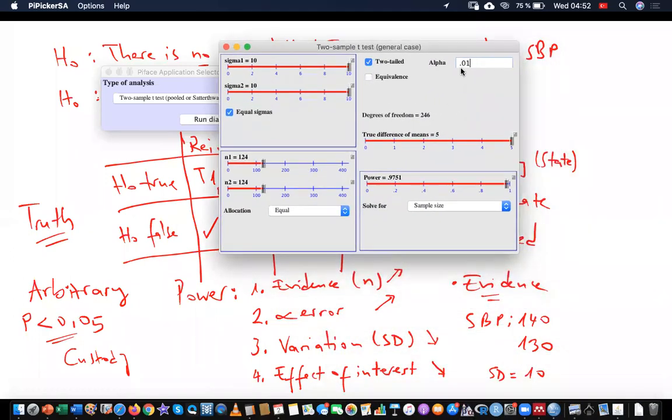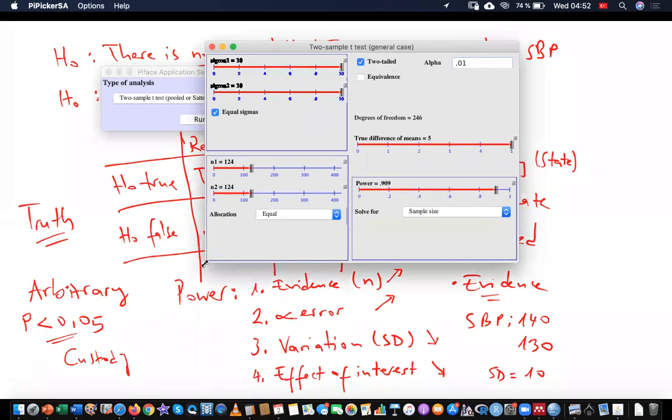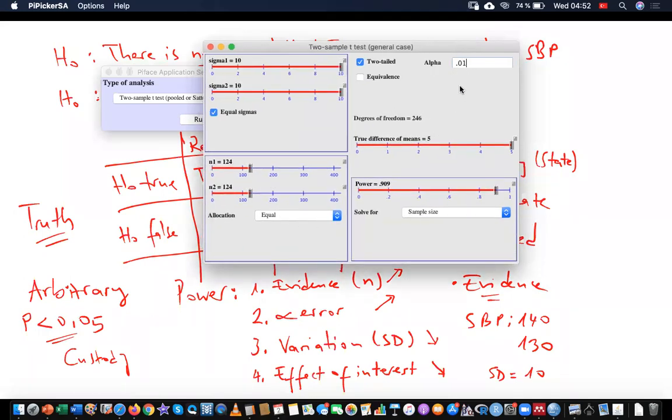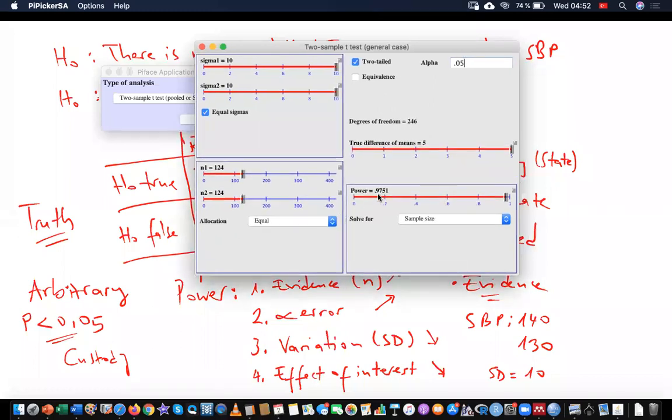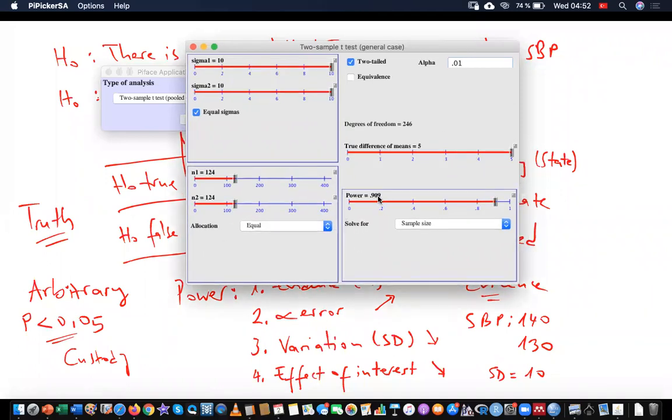Okay, let me click enter now here. Look, we have 97% power here. From 97% to 90%, I clicked enter. If I make the alpha error 1%, it becomes 90%.